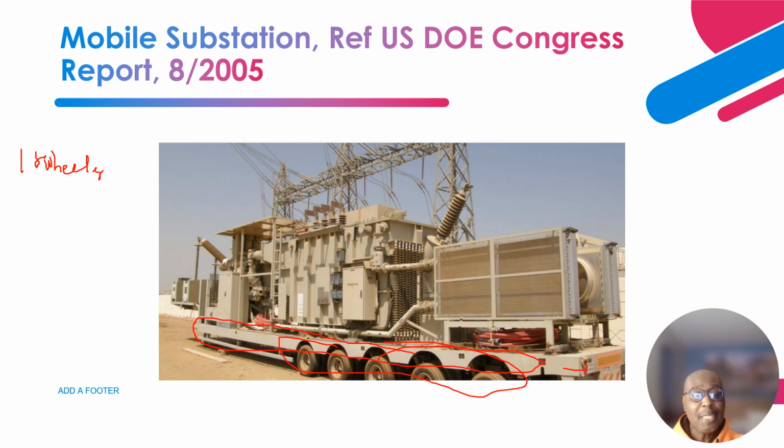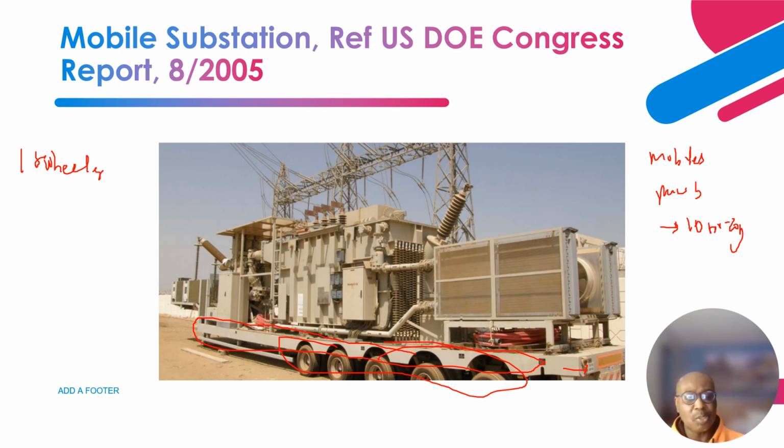Because I've seen mobile transformers being used in some substations for 10 to 20 years. So think about it: if this weight is on this flatbed with supporting tires for that long period of time, it is designed to withstand it. But sometimes the tires go flat, and you have to put in some air to bring it up a little bit.